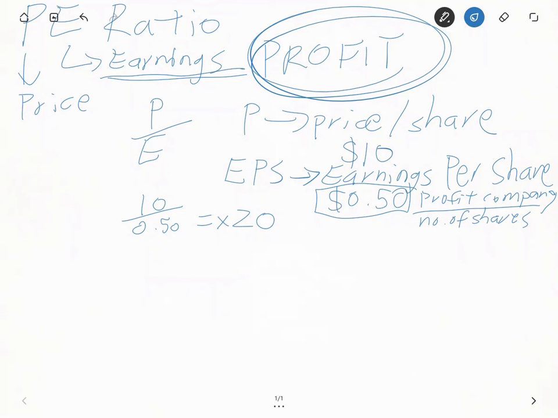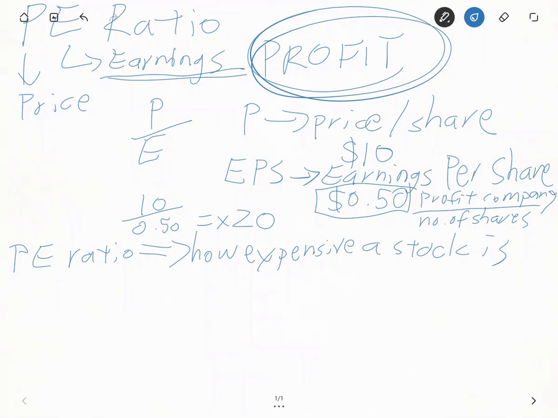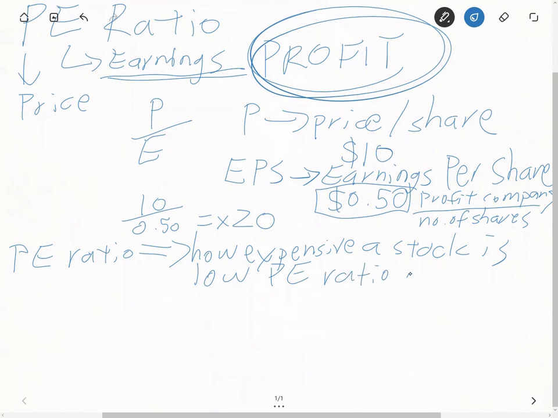But generally, what I'm getting at is the PE ratio tells you how expensive a stock is. So how expensive is that stock? If you're buying a company, generally speaking, and I do say generally speaking, a low PE ratio is better.